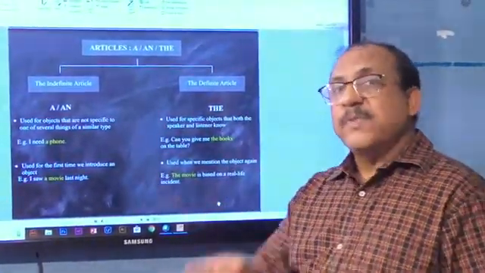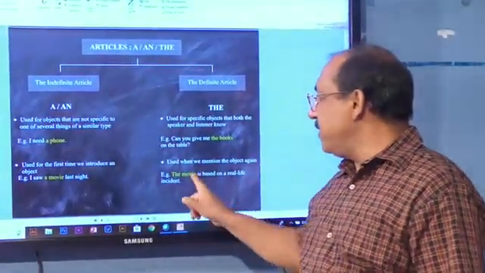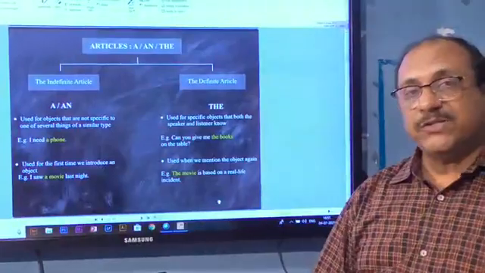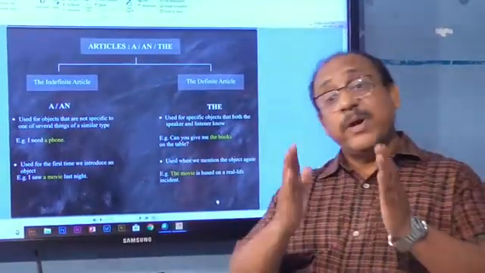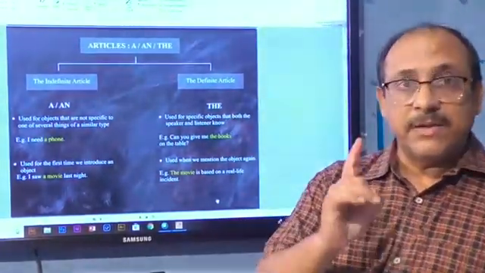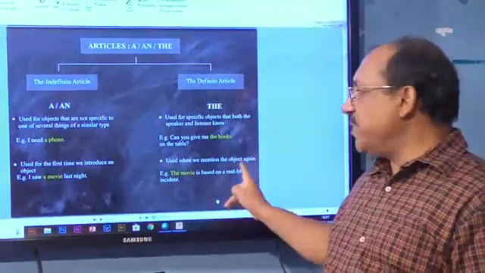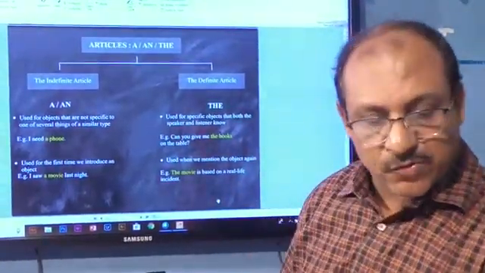Which book? The particular book which is on the table. Now, the movie is based on a real life incident. Here it is a particular movie, the movie which is based on a real life incident. So this is the use of the.